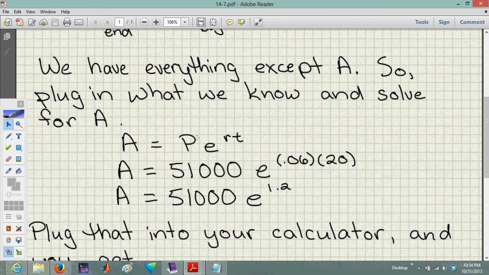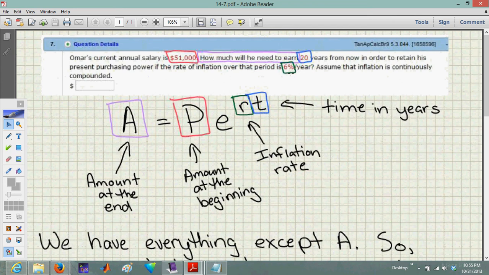Okay, so A equals P times E to the RT. We don't know what A is, so that'll just kind of hang around here. P, we said we were starting with $51,000, so we'll just plug in $51,000 for that P. E stays the same. R, 0.06. Remember, 6%? That's 6 divided by 100.